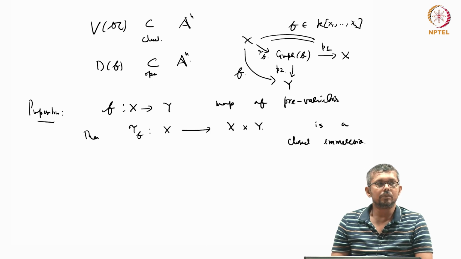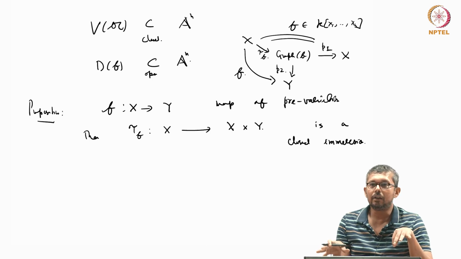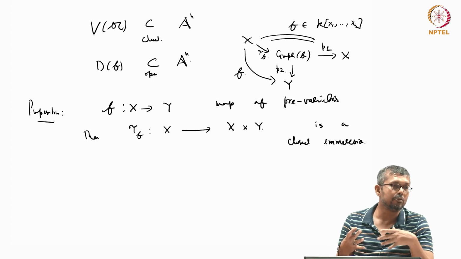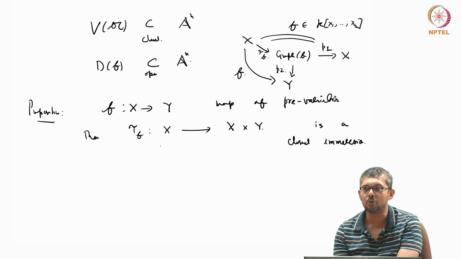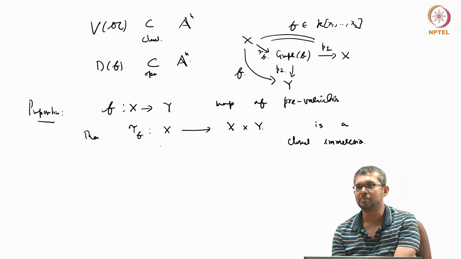So in some sense, you see your X inside a bigger space. Sometimes this is very useful. When you want to study this X, you find a map from X to Y and think of X as some closed subset in some bigger space, and there you study how your X behaves.